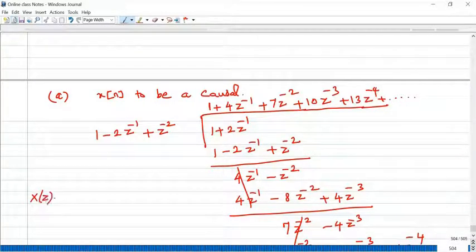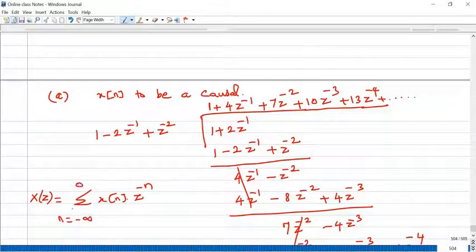Because if we expand the X of z formula, x of n z power minus n varies from minus infinity to infinity. If we expand this, substitute n equal to 0, x of 0 z power 0, 1. x of 1 is z power minus 1, x of 2 is z power minus 2, x of 3 is z power minus 3, x of 4 is z power minus 4.